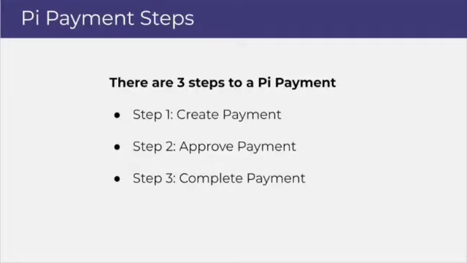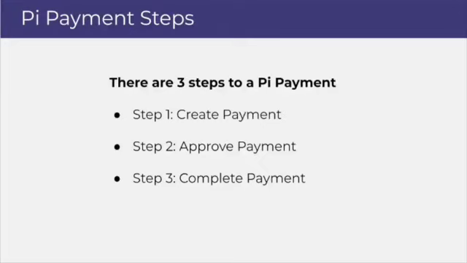So the process breaks down in 3 steps, which map pretty closely to what Christian was showing earlier. First is the app creates the payment. Then the user approves the payment and actually submits the blockchain transaction.